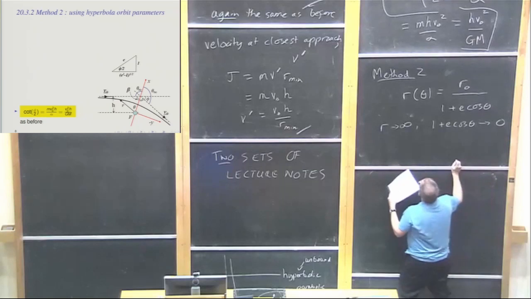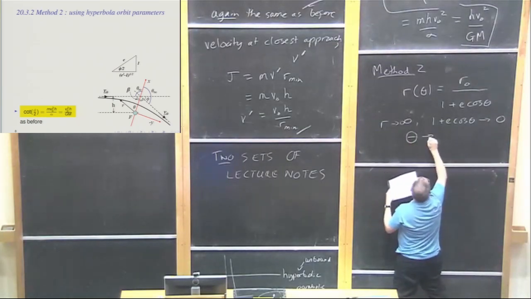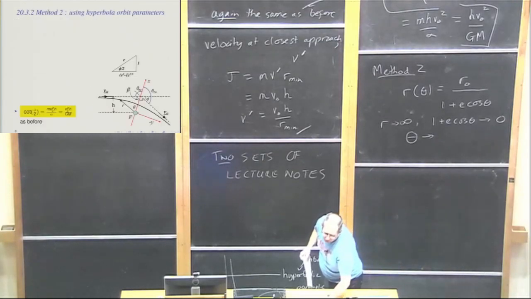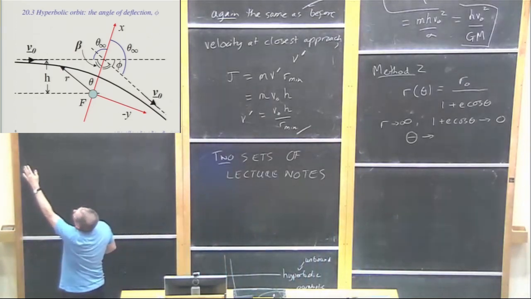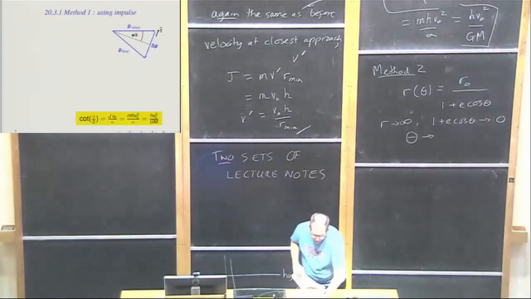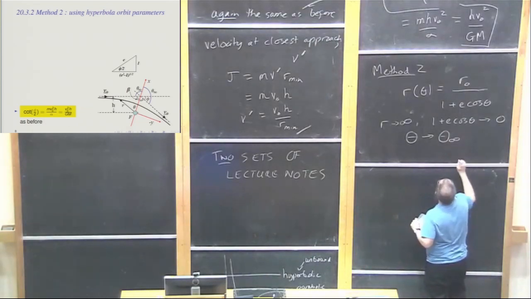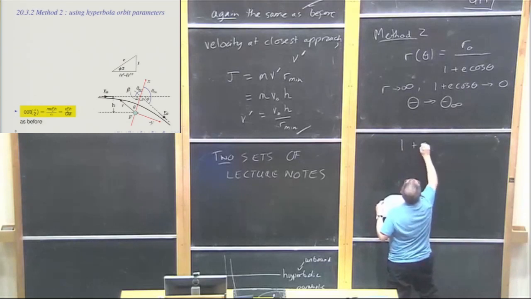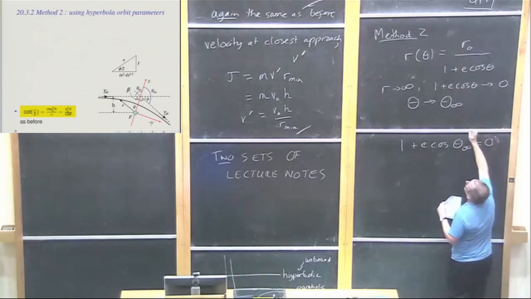Once more, we're considering a big R, that's also equivalent to the case that theta is equal to theta infinity. So altogether this means that 1 plus e cosine theta infinity is equal to 0.